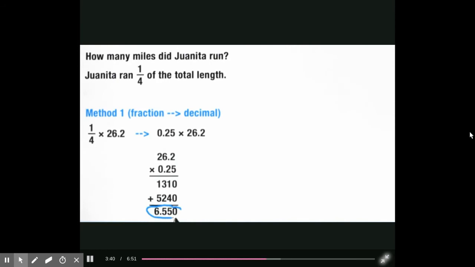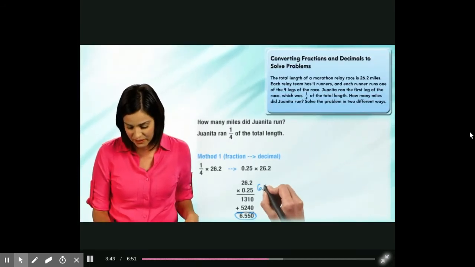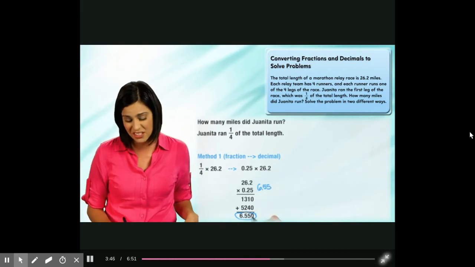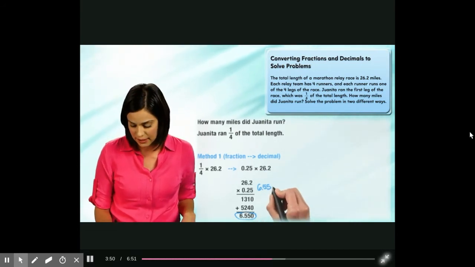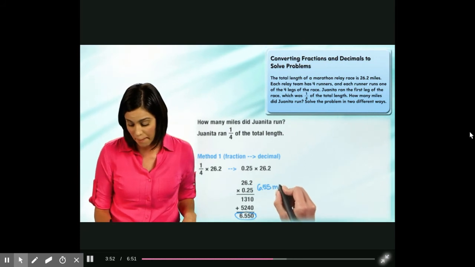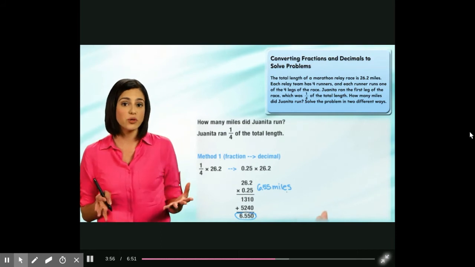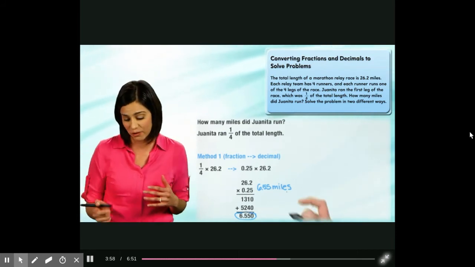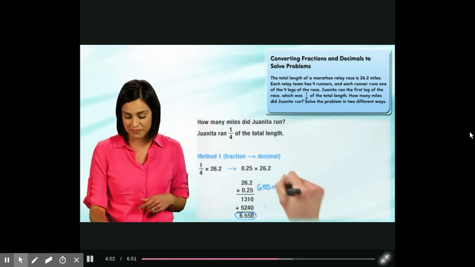Next, let's use another method, and this time we're going to change the decimal to a fraction. So here is our method 2. So again, we have 1/4 times 26 2/10, which was what we had set up at the beginning. And 26.2 can be rewritten as a fraction, as 26 2/10. Now there we get a mixed number.